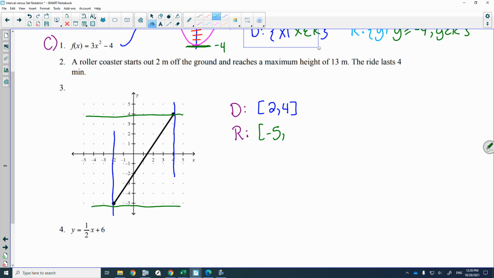Range, I'm getting the smallest is negative 5 and the biggest y value to be 4. And what would that match with? That would be A.